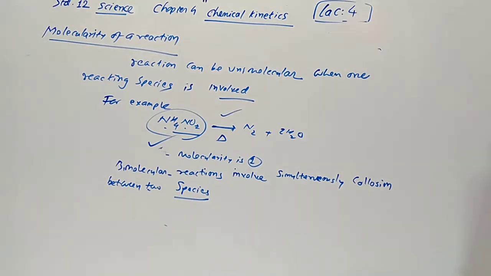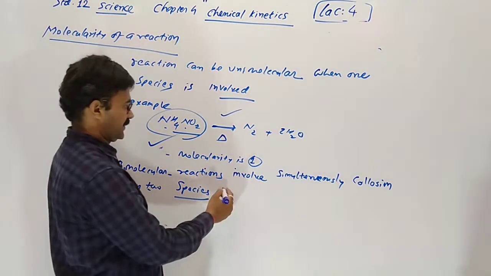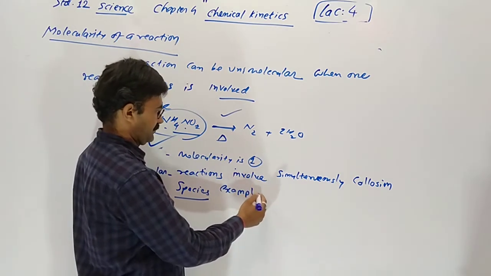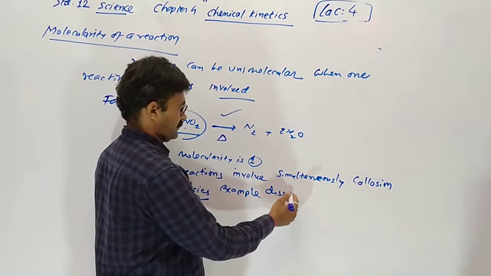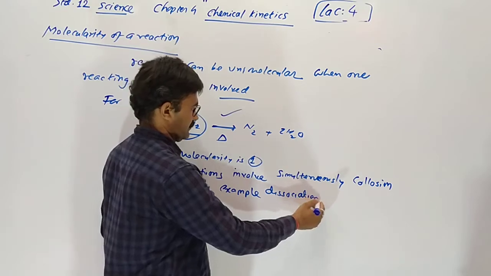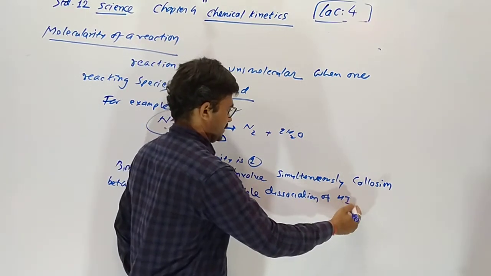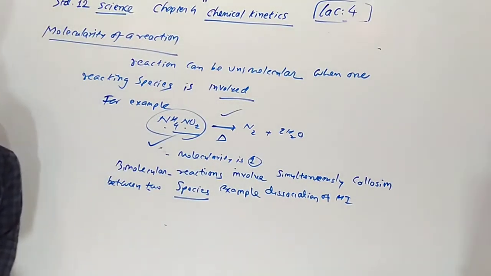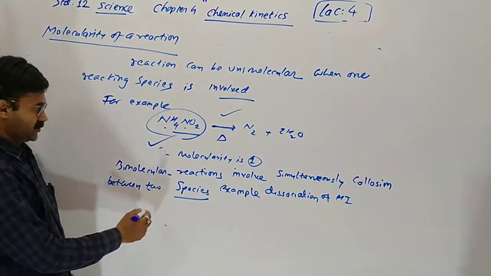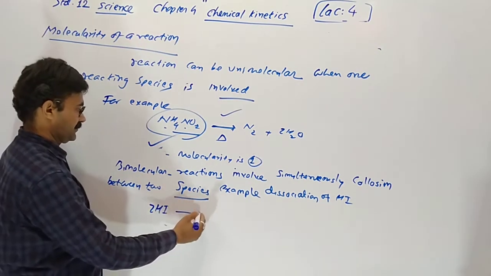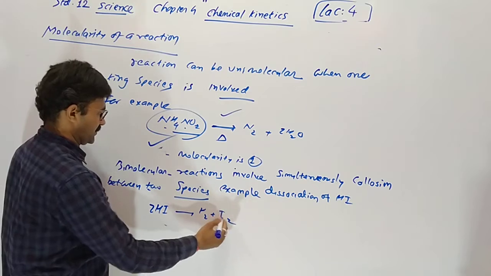For example, dissociation of hydrogen iodide. 2 mole HI gives H2 plus I2.